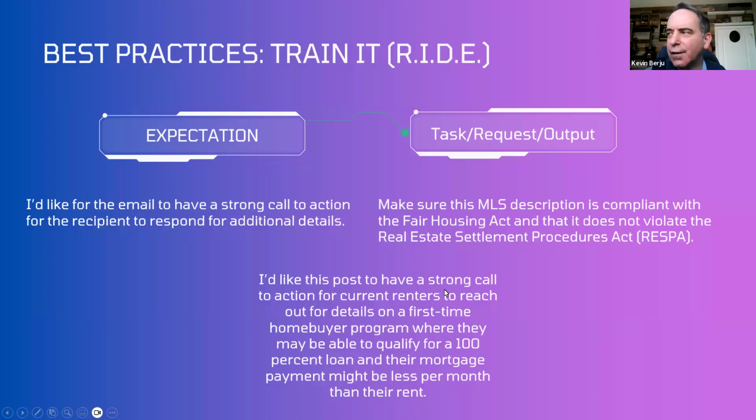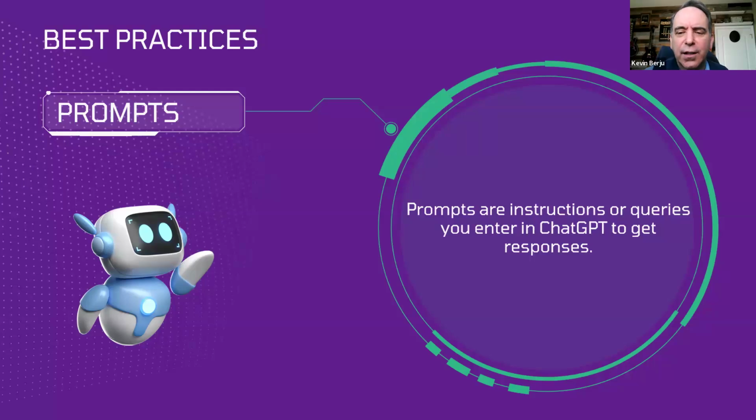I'd like this post to have a strong call to action for current renters to reach out for details on a first-time homebuyer program where they may be able to qualify for 100% loan, and the mortgage payment might be less per month than their rent. So it's just how to train it in what you want it to do.